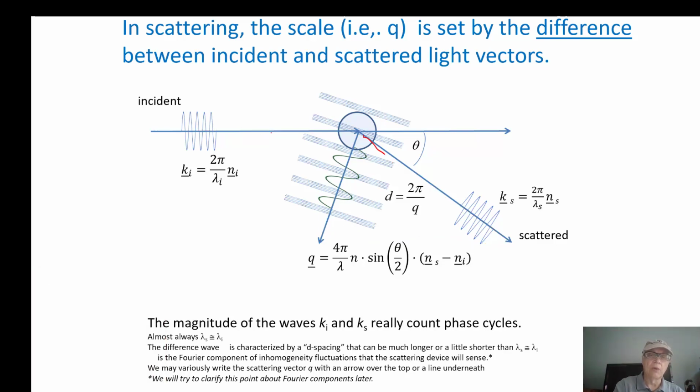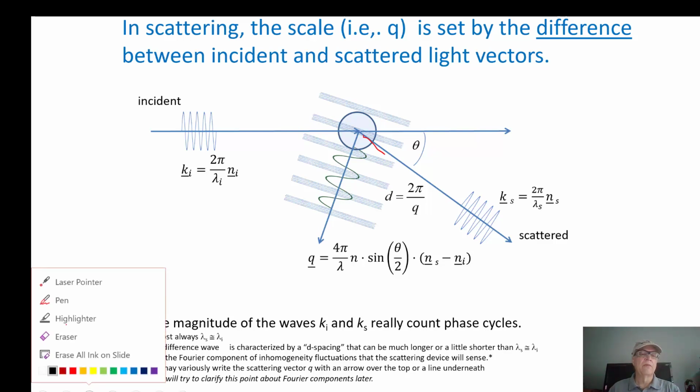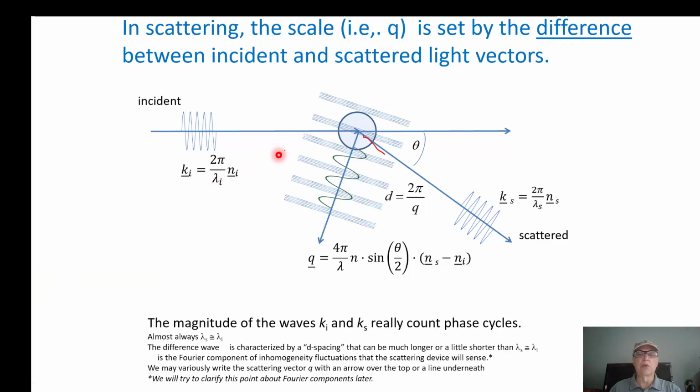It's going to work out that the scattering vector Q always bisects the incident vector and the scattered vector. So you can find it by that little vector subtraction I just did, or you can just draw a line right down the middle of where that one's going and where that one's going.